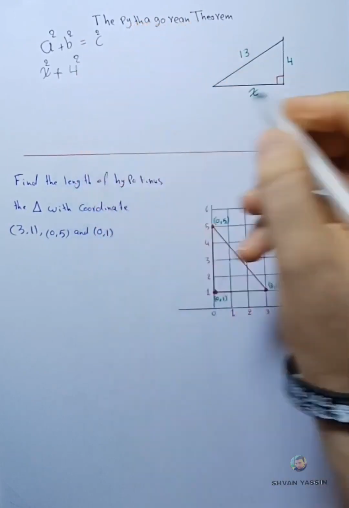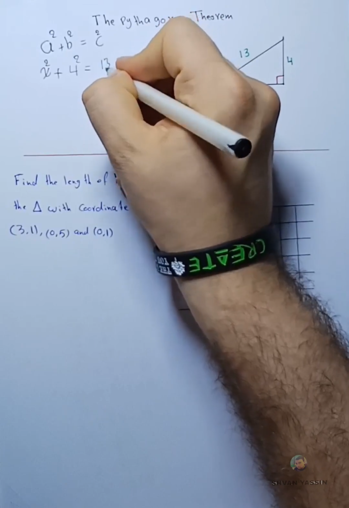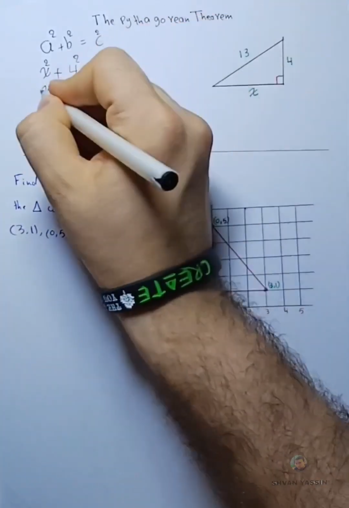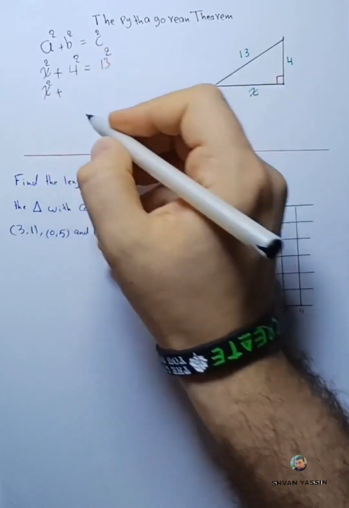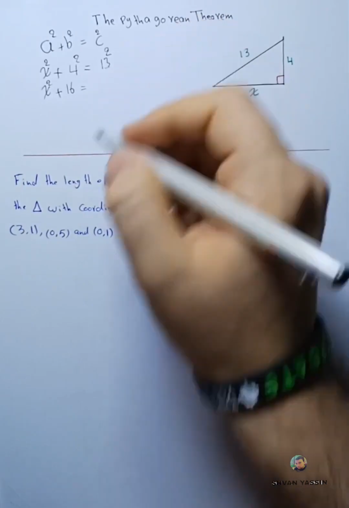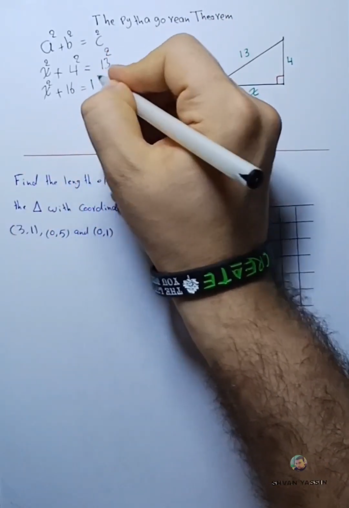We can write 4 square equal to the hypotenuse, 13 square. After that, we can write x square plus 4 times 4 equals 16, and then 13 square is 13 times 13 equals 169.